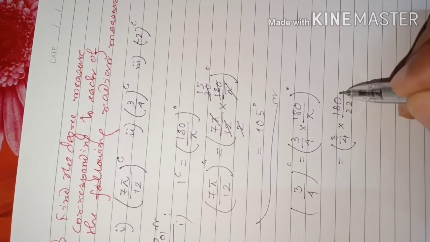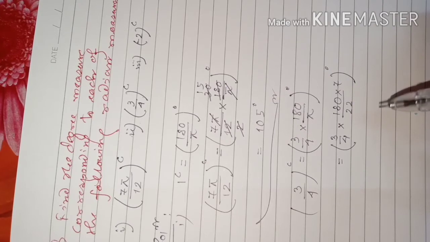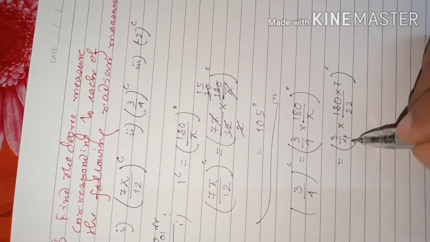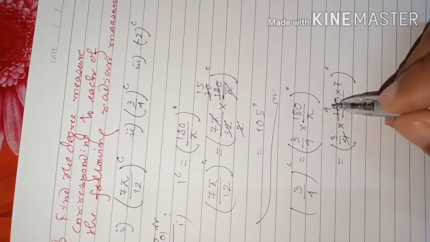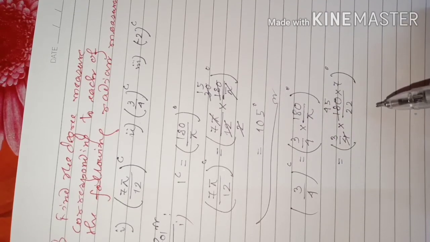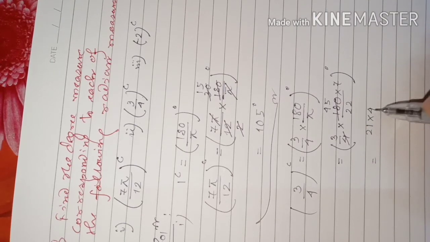So 22 here, 7 will be here. Degree. Now we can cancel these numbers: 4 4s are 16, then 4 45s. So it will be 3 into 45 into 7, and their product will be 3 7s are 21 into 45 divided by 22.